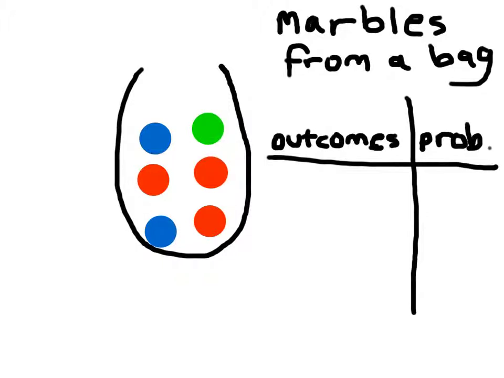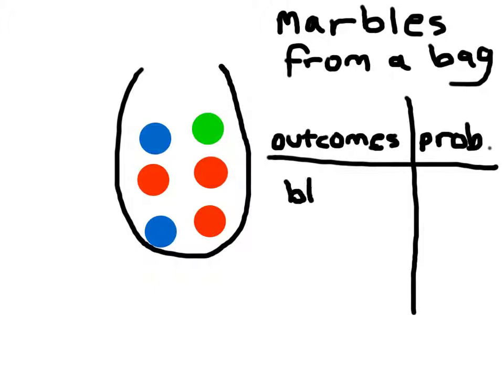Let's think about drawing marbles from a bag. For one draw from the bag, we have some possible outcomes. It looks like we have blue, red, or green as our possible outcomes. So I'll go ahead and write that down.